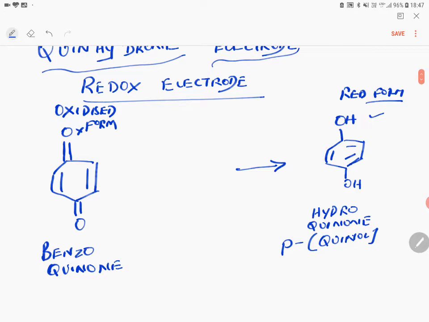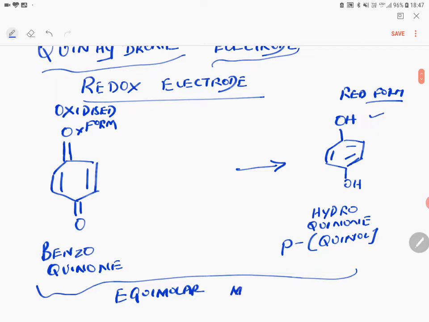Now, this quinhydrone is an equimolar mixture of benzoquinone and hydroquinone. For the sake of simplicity, we will represent benzoquinone as Q and hydroquinone as H2Q.